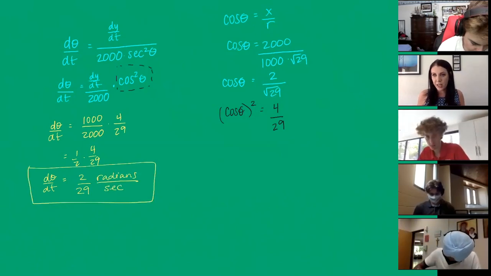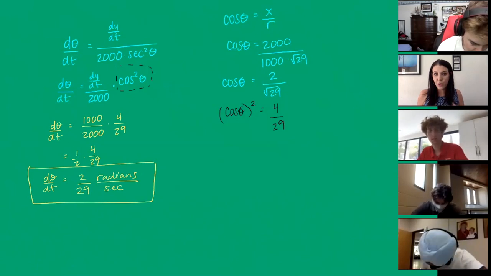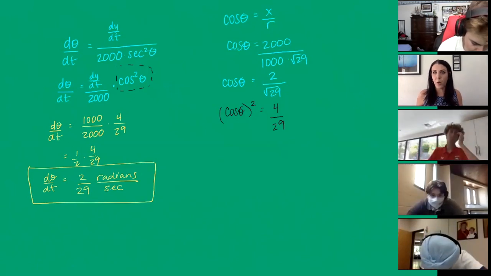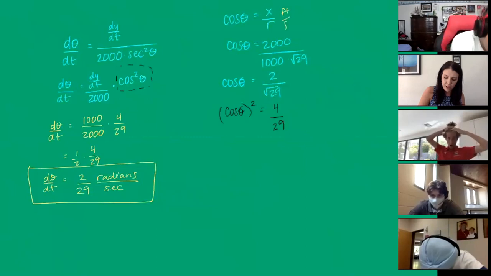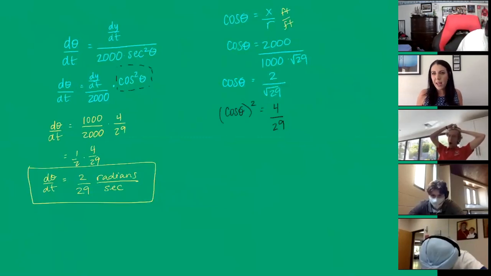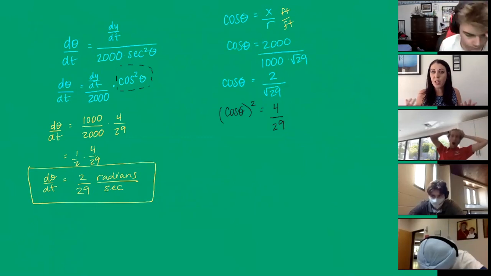Radians are technically unitless. If you actually figured out what units I got for cosine theta, we had an x over r, I think this was in feet per second. So we had a feet over a feet here, so that cancels out and it's unitless.